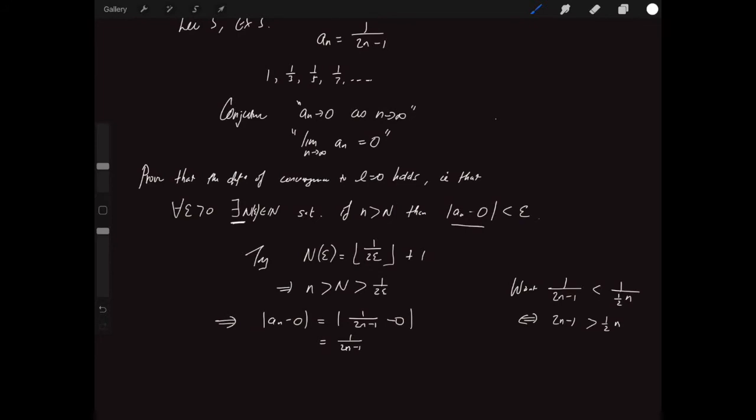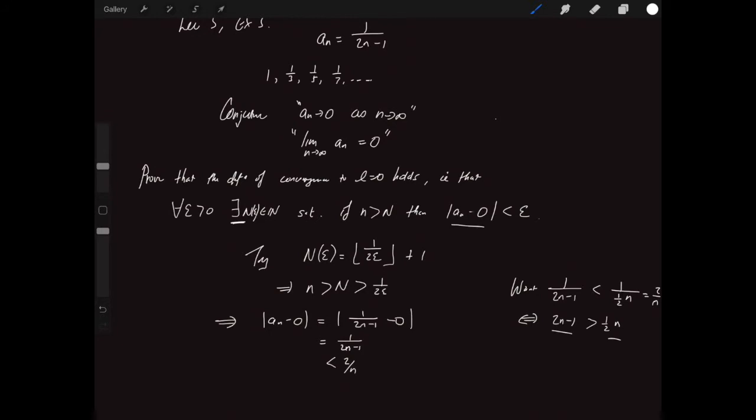N equals 3, we've got 5 is greater than 1.5, and so on. This side kills this side. And if I multiply top and bottom by 2 here, I get 2 on n. So I can conclude that 1 on 2n minus 1 is always less than 2 on n.